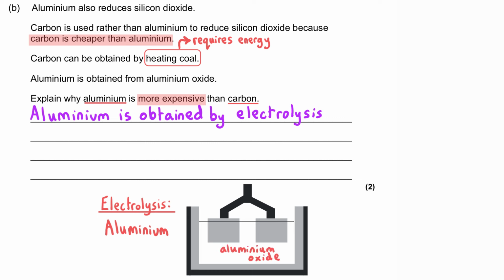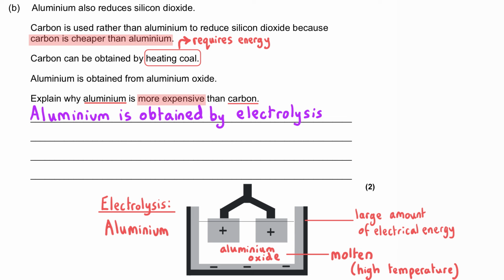And in electrolysis, we need to melt the aluminium oxide at high temperatures in an electrolysis cell, and then supply a large amount of energy continuously and separate out the aluminium from the oxygen. And so this is obviously going to be expensive, but we've been asked to explain why aluminium is more expensive than carbon.